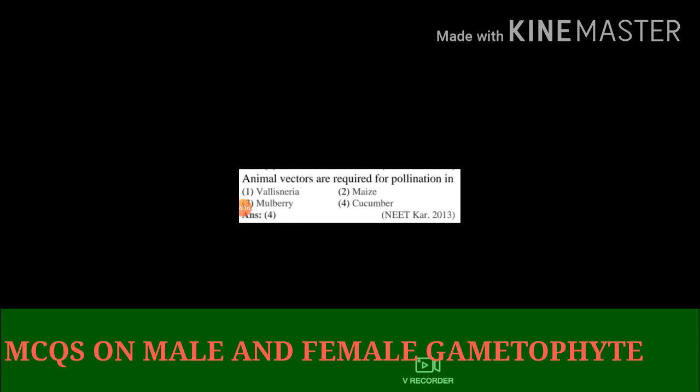Here Vallisneria is the aquatic plant, maize is pollinated by the wind, mulberry, next cucumber, that is answer here 4, cucumber is pollinated by animal.